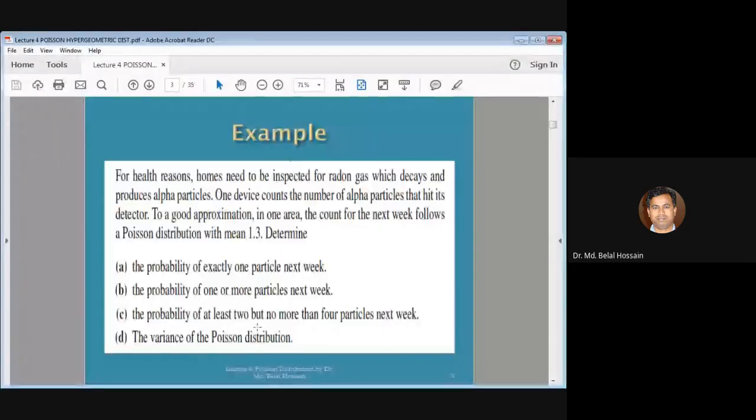Okay. So you should first write probability of y greater than or equal to 1. Then you should write this line: 1 minus probability of y equals 0. To understand this problem exactly, the probability of one or more particles next to it.